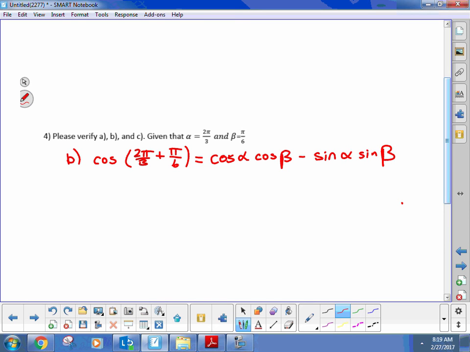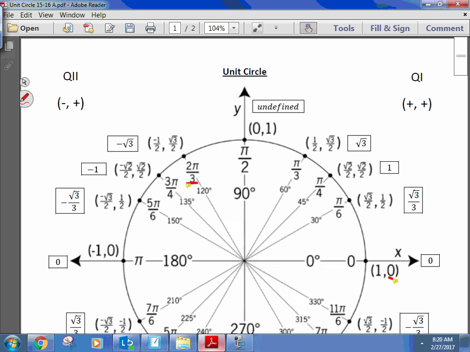All right, so now over here, let's start over here. Same thing, 2 over 2. We'll get a common denominator, 4 pi over 6. We'll add these two fractions, and we'll end up with 5 pi over 6. So let's look at the unit circle and see what that is.